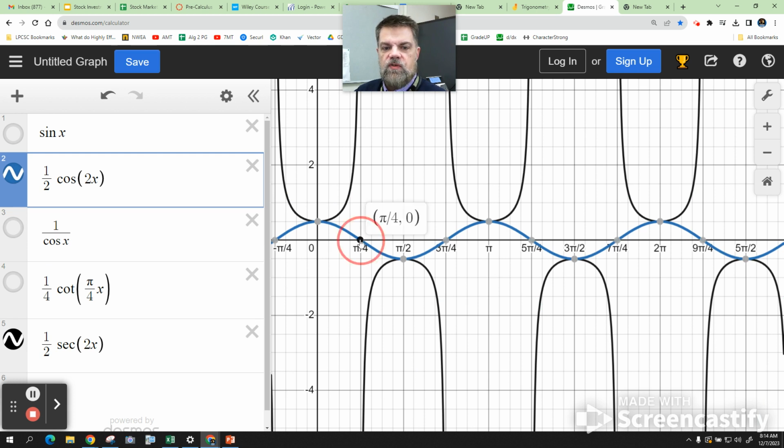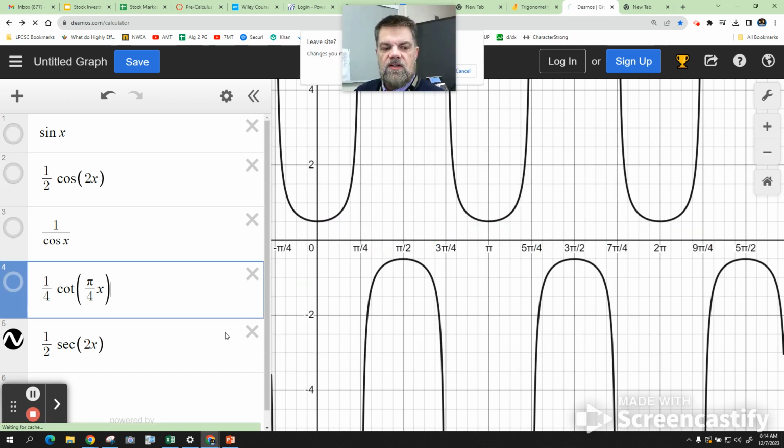Wherever my transformed cosine equals 0, you're going to have a vertical asymptote, right? So if I turn this off, this is the graph we're looking for.